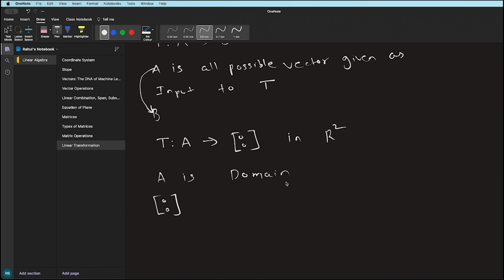So A is the domain, the zero vector is called the range, and the R2 space is called the codomain.